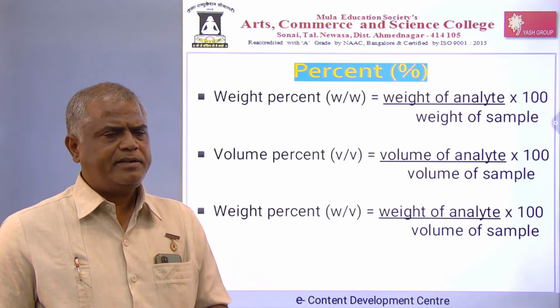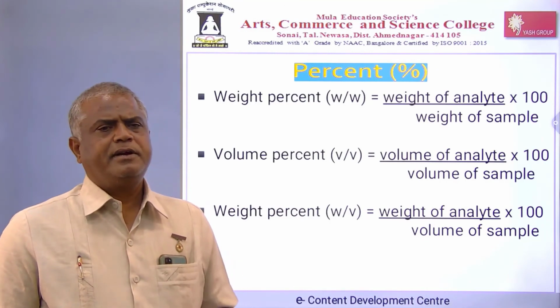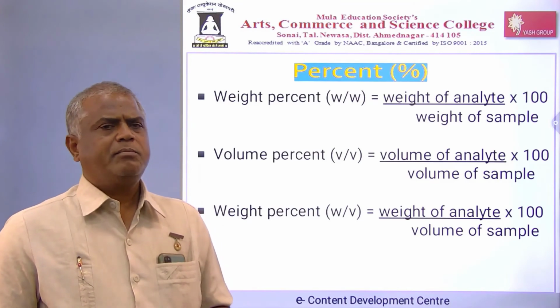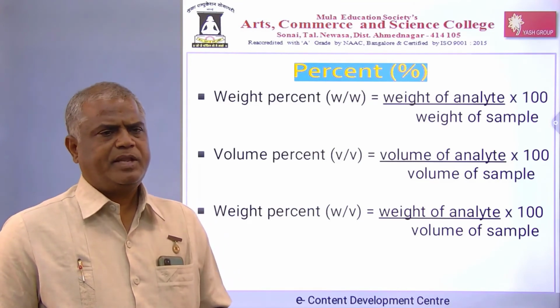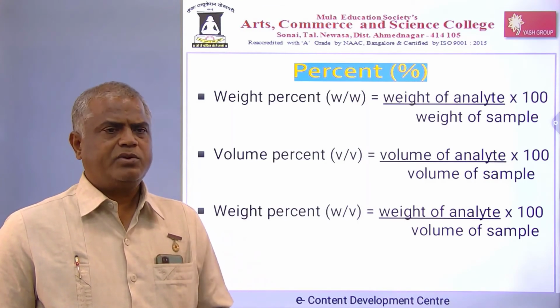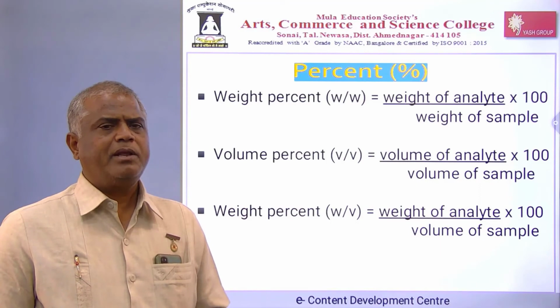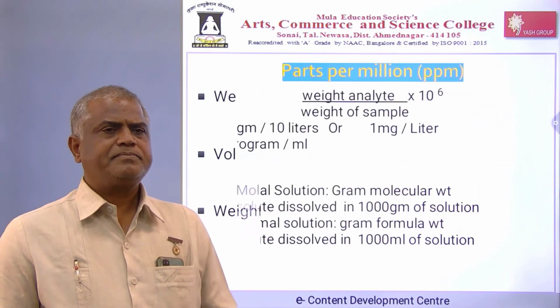Then volume percent equals volume of analyte divided by volume of sample multiplied by 100. And weight by volume percent equals weight of analyte divided by volume of sample multiplied by 100.